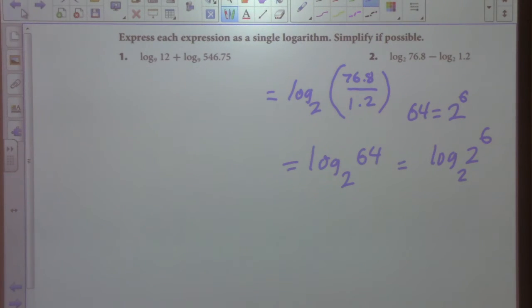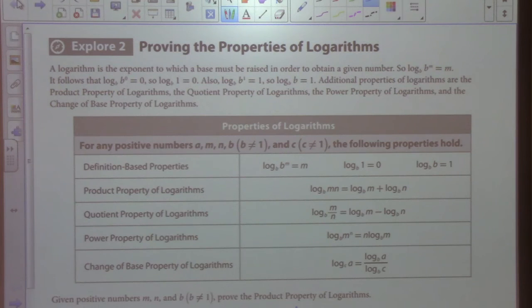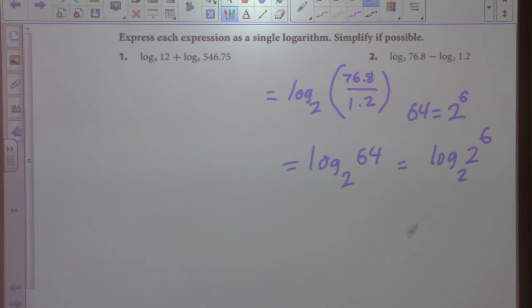And using the power property of logarithms, log base b of m to the n, you take that exponent and move it out front. So we can rewrite this as 6 log base 2 of 2.